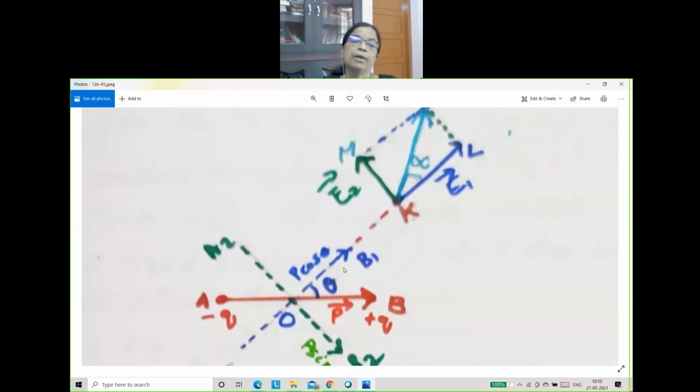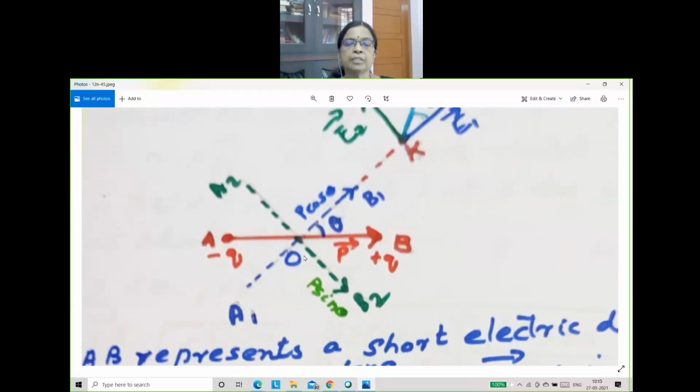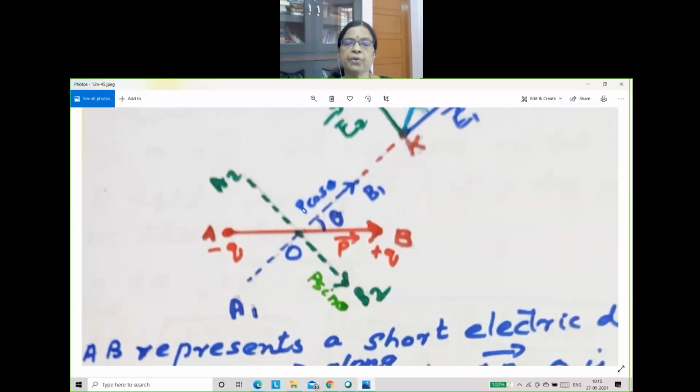So how will you find the electric field intensity at K? First you have to take the components of vector P. The direction of vector P is marked here, OB. In your figure I haven't represented these components, so please write now in your notebook, P cos theta here and P sin theta here.